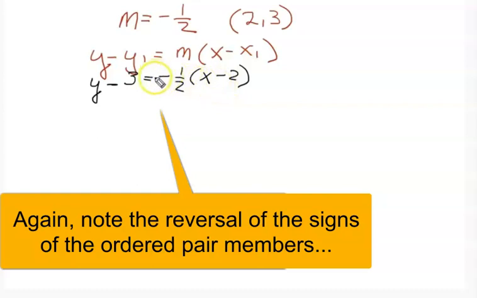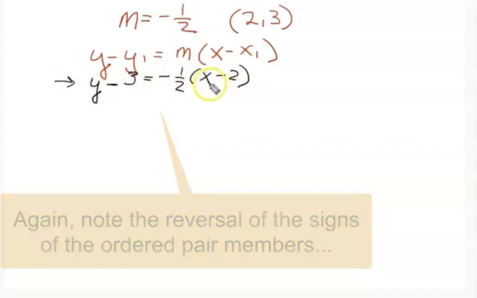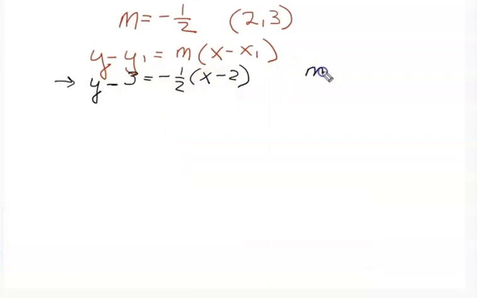Now, one of the kinds of examples they ask us to do in the future is if we have an equation that's in point-slope form, what is the slope? And then what is the ordered pair? That is that single point. Where you're looking at the formula, it's easy to pick out the slope. That's going to be a negative 1/2. But as you look at this, you see in the y position a negative 3.